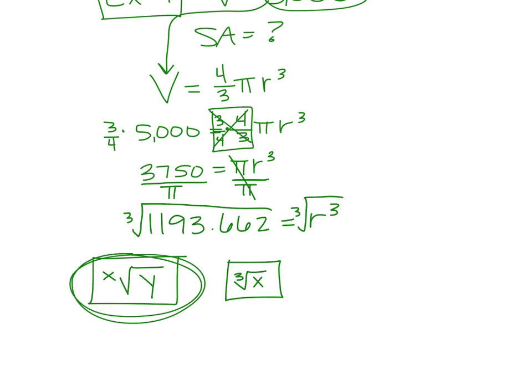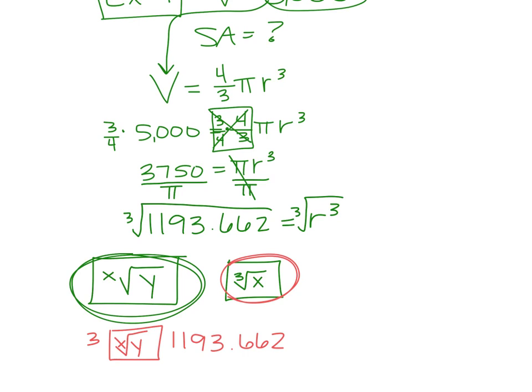You need to put the 3 into your calculator first. So if this is you, you would plug in 3 and then hit that button and then type the number 1193.662 in. Okay, try that and see what you get. If you have this one, you just need to hit that button and then type the number in. You don't need to put the 3 in because the 3 is already there for you.